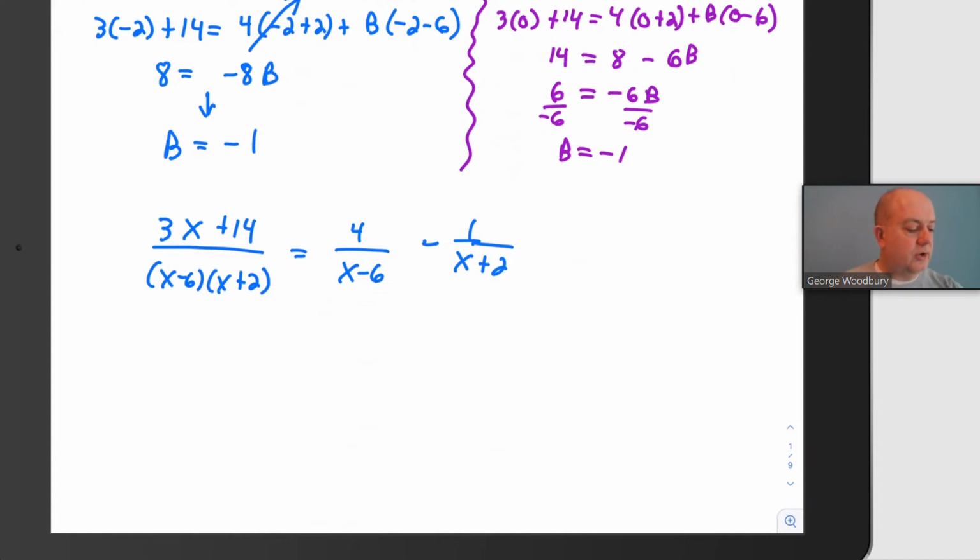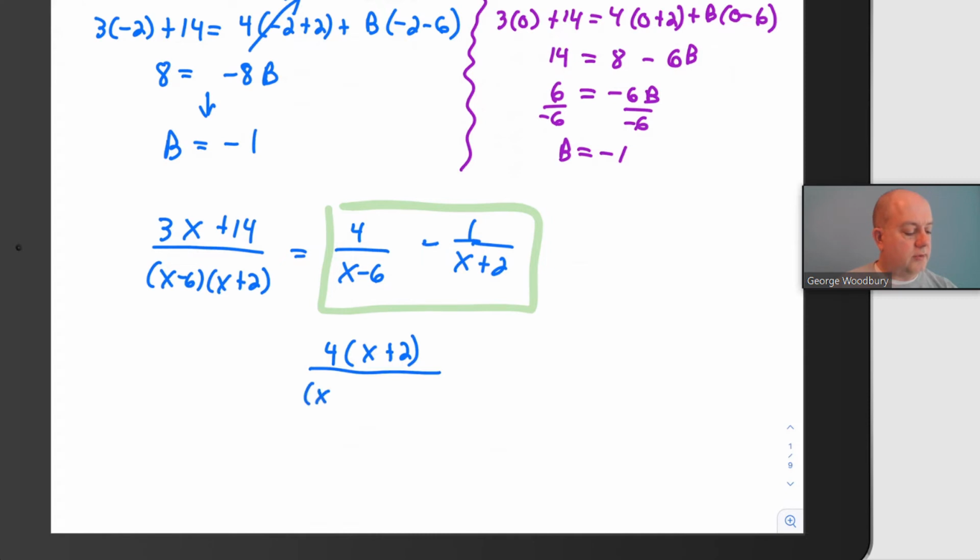If this was my problem, if all I had to do was subtract these two rational expressions, the first fraction would turn into 4 times x plus 2 over x minus 6, x plus 2. The second, minus 1 times x minus 6 over that x minus 6, x plus 2 denominator.